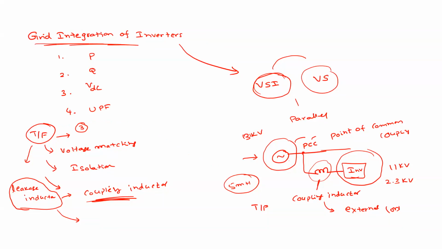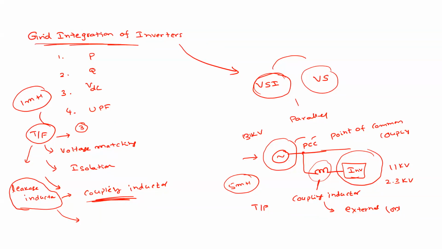Let us assume that the transformer leakage inductance is 1 millihenry. The remaining 4 millihenry is supplied from the external inductor. That is how it is done.